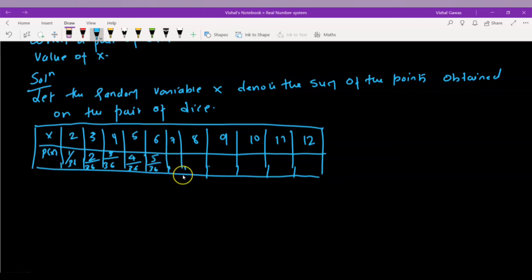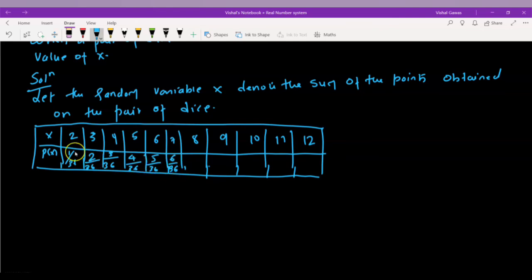Then 7, I can get 6 1, 1 6, then 4 3, 3 4, and 5 2 and 2 5. So I would altogether get 6 by 36.